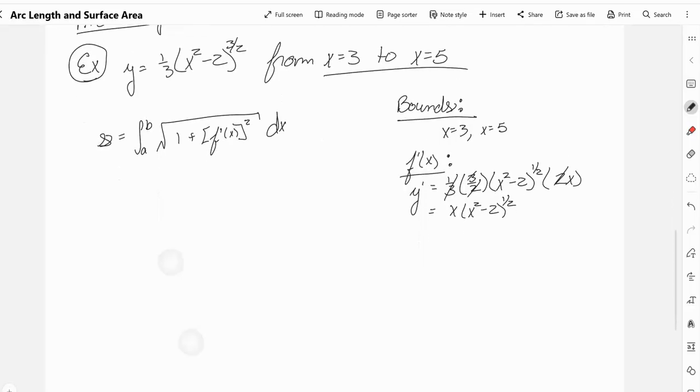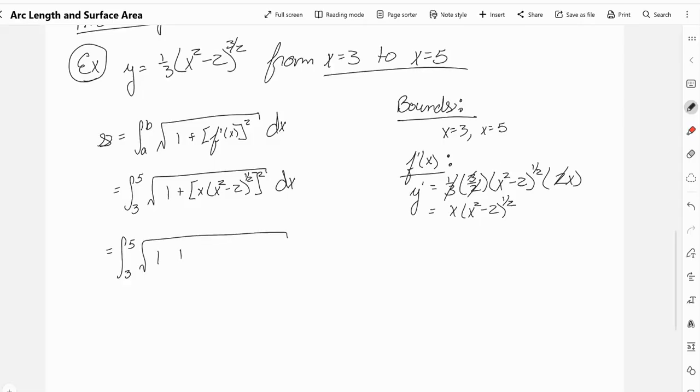So let's substitute in everything we know. We're integrating from 3 to 5. This is the square root of 1 plus the derivative squared. And then I need to simplify this so I can take the integral.